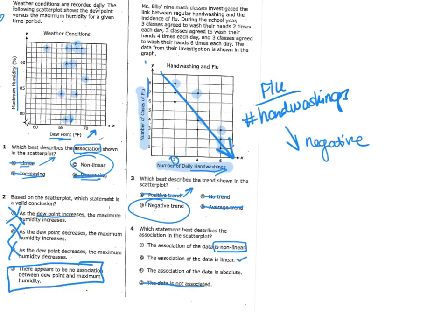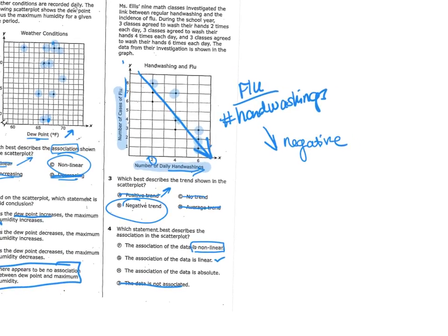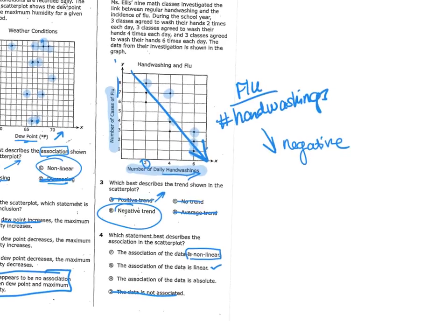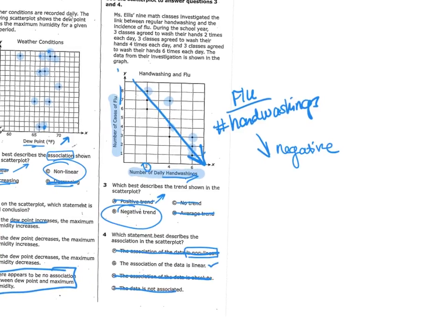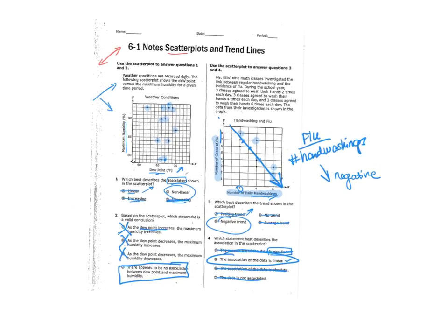So it is associated because we decided it was decreasing. The number of hand washings increased and the number of flus decreased. So the association is not nonlinear. We said we could pretty much draw a line through it. The association of the data is absolute. So not going to be absolute because it's not a perfect little slope line that we have, but it is linear. We could draw a straight line through it.